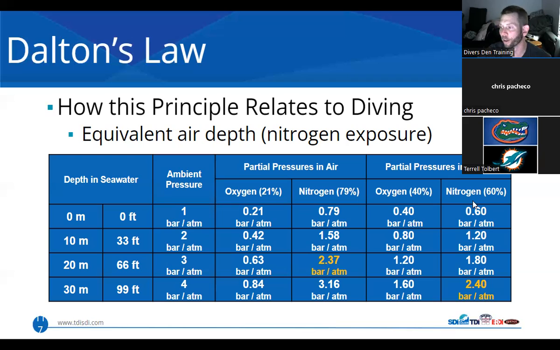They just know that they can't stay down too long and they can't go up too fast because that's what their instructor told them. But in doing so, they are managing nitrogen exposure and managing their off gas rate by listening to their computers. So when you show them that, you tell them, hey, this is what you're actually doing: managing your nitrogen exposure.